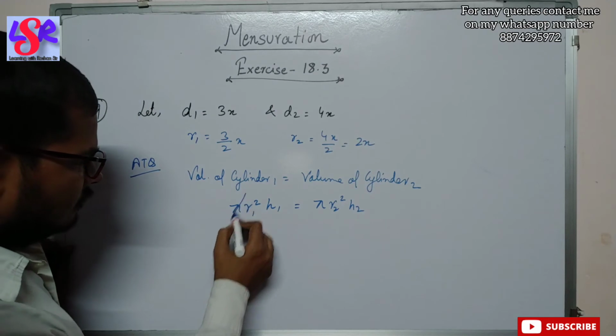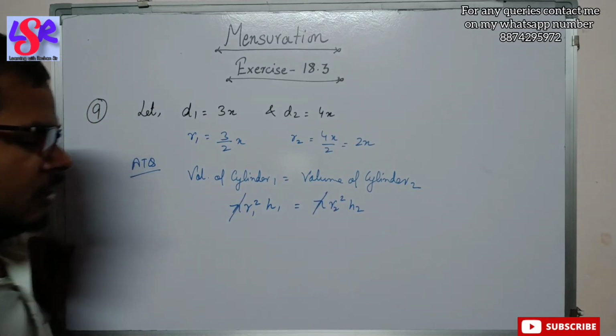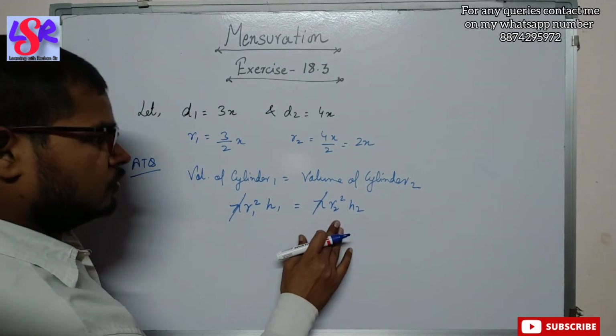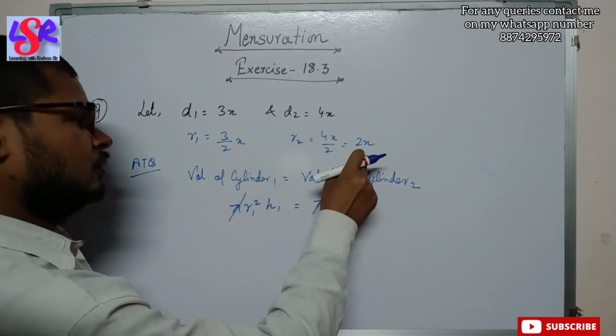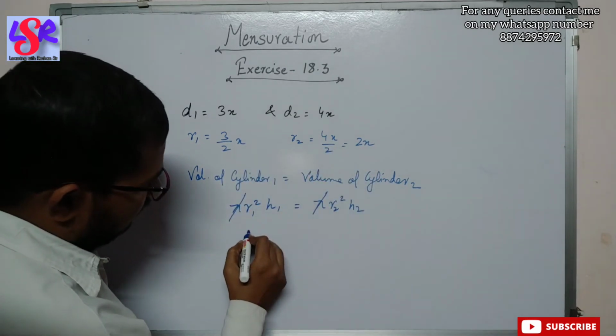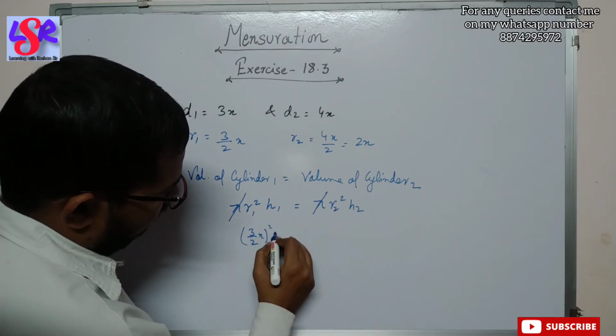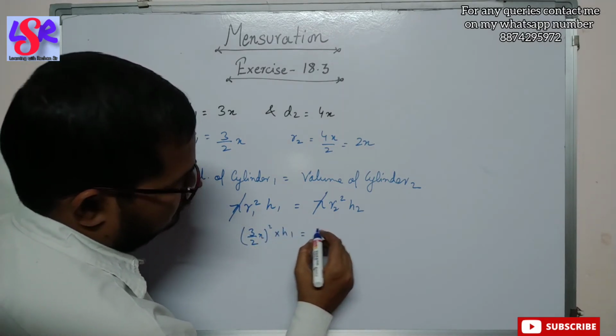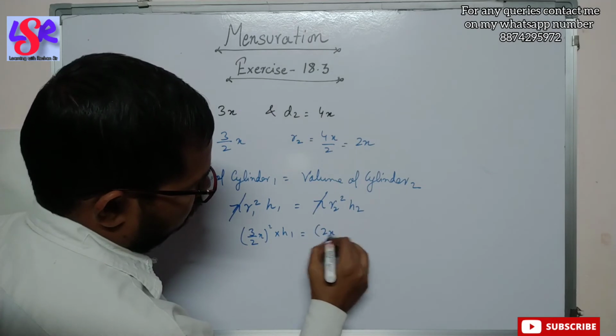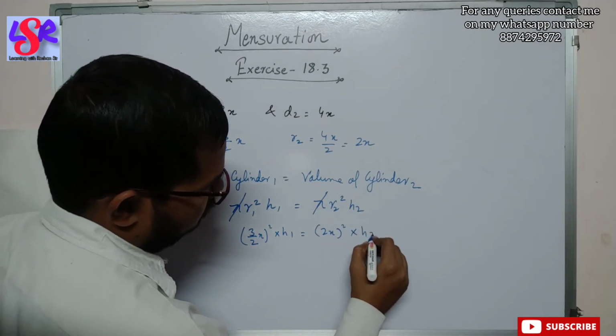Now we can cancel out pi from both sides as it is constant. And for r1 and r2 we have 3x by 2 and 2x. So r1 can be replaced as (3x upon 2) whole square into h1 equals (2x) whole square into h2.